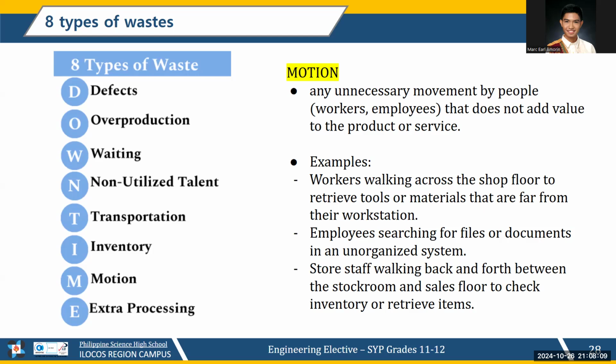So when you buy your shoes in a department store or mall, often the sales assistant would walk back and forth between the store and the stock room to check kung merong available size yung sapatos. So that's an example of motion.